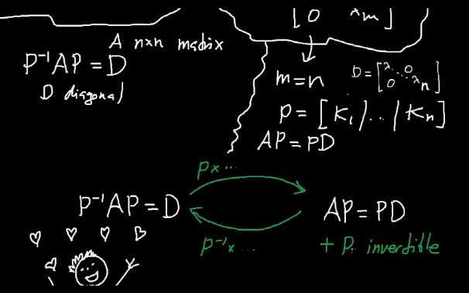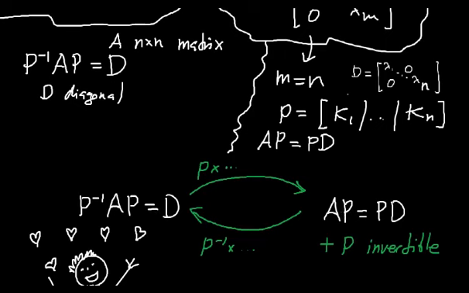So as soon as we can find n eigenvectors that make an invertible matrix, then we'll have this, and therefore we'll have that, and therefore we'll have solved the diagonalization problem. And moreover, if we solve the diagonalization problem, we then can get eigenvectors giving rise to an invertible matrix, and hence solve the eigenvector problem.